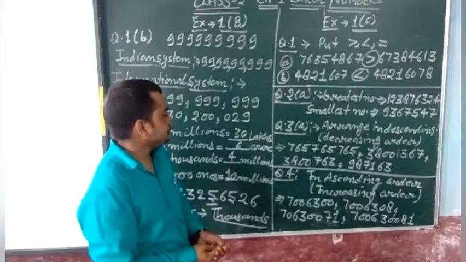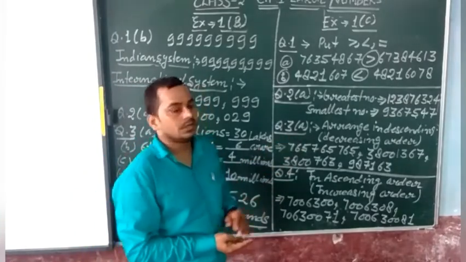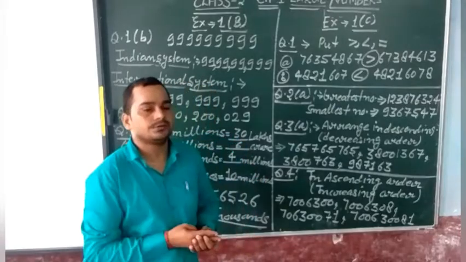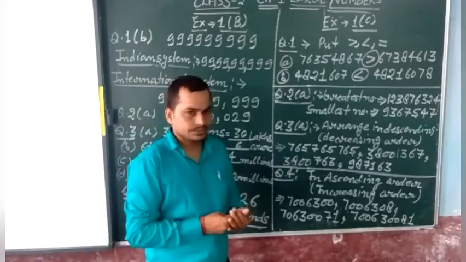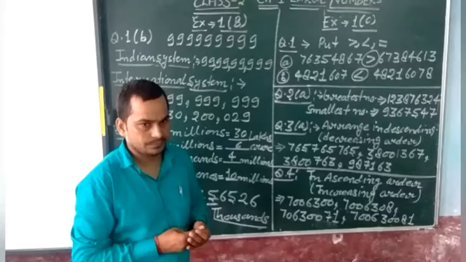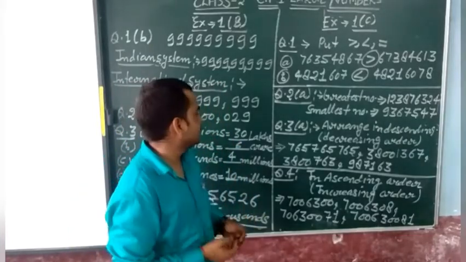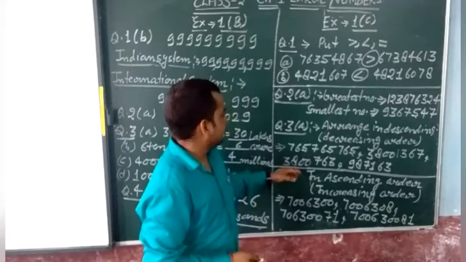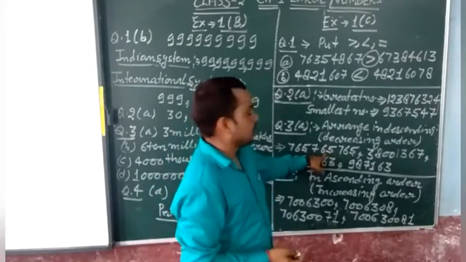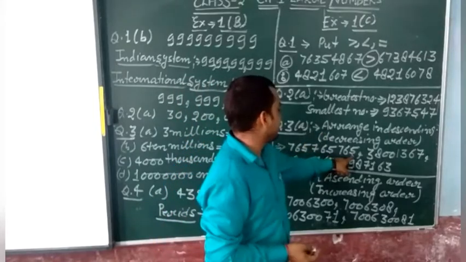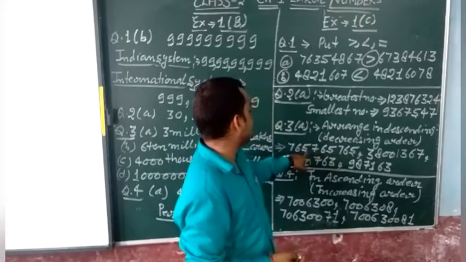Now we are at question number 3. Arrange in descending order. When we talk about descending order, descending means decreasing. In Hindi, घटता हुआ. So the greatest number has the digits 1, 2, 3, 4, 5, 6, 7, 8, 9.